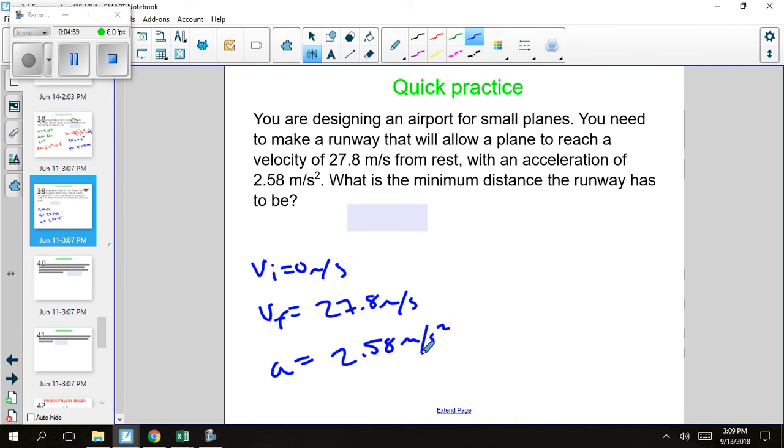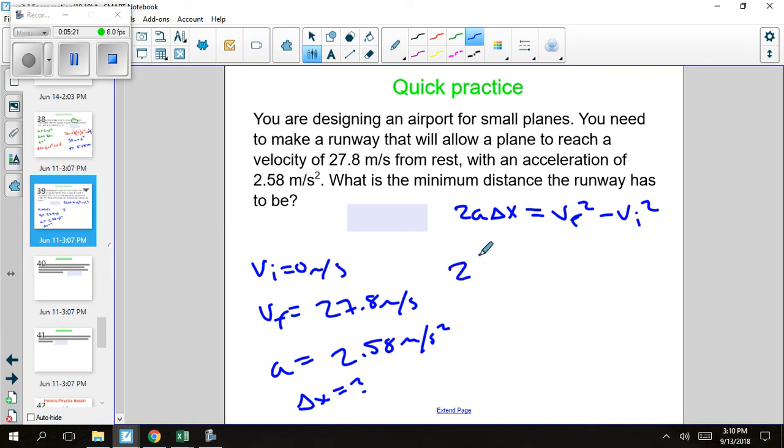You're not given any kind of time, but that's okay because you don't need it. What you do need is delta x. So you're going to go to this formula right here. 2a delta x equals vf squared minus vi squared. And that's supposed to be an f. It looks like an I, but it's an f, I promise.